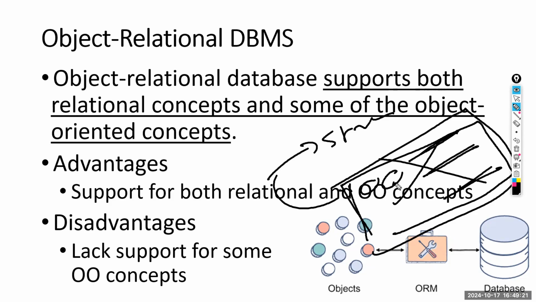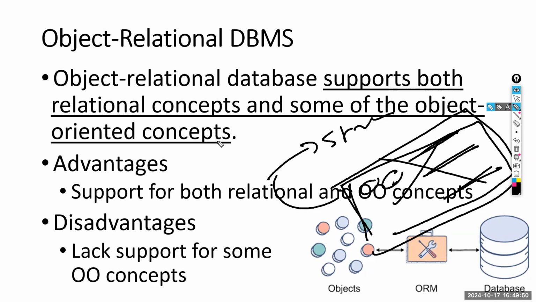But your relational database doesn't support object-oriented concepts. So object-oriented databases support these concepts also, like inheritance and polymorphism. And what is the in-between one? The in-between one is called object relational. Object relational databases support both relational concepts and object-oriented concepts.